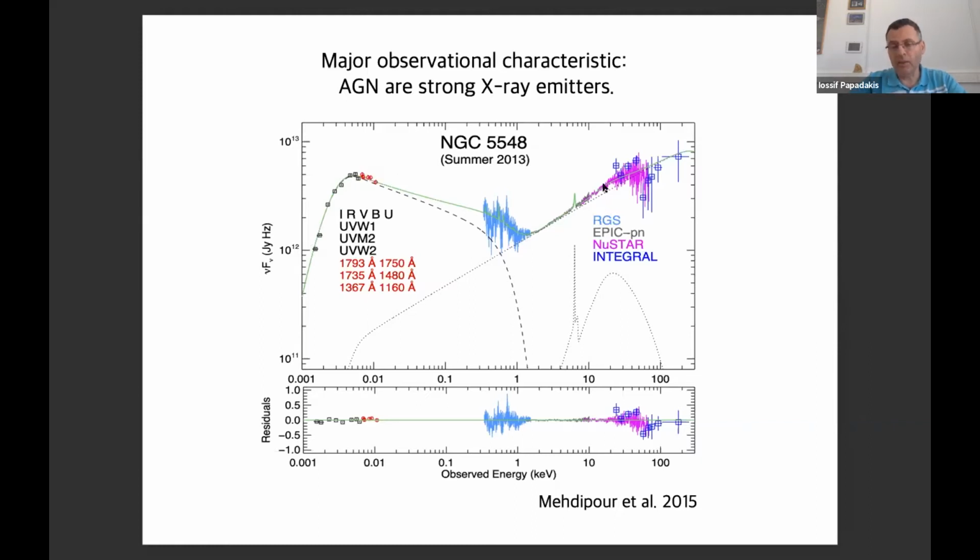And in the X-rays, in fact, you can see here, this is soft X-rays, this is harder X-rays, these are 100 keV. In fact, perhaps most of the energy in this object may come actually in the X-rays, not in the so-called big blue bump. So really, there are lots of X-rays coming from these objects. And it's not just nearby Seyferts. This is NGC 548. I'll come back to that object quite a few times throughout the talk.